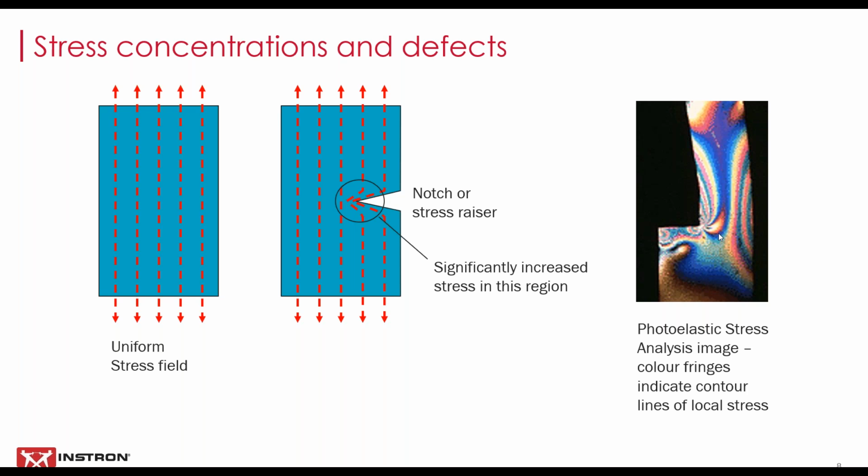So this is why materials fail or start to fail where there's a corner, as it were. Equally, it doesn't have to be a sharp corner. Even a hole or some other feature in an engineered structure can act as a stress raiser. So this is sort of the idea, the background, and why it matters.